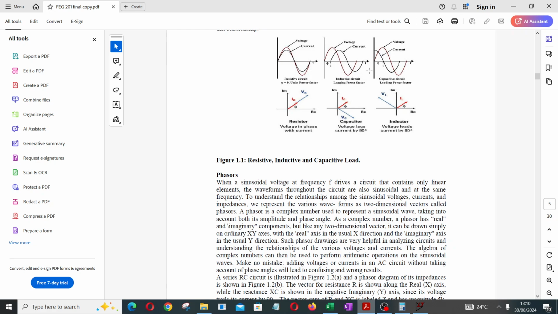But when the circuit becomes inductive, then the voltage will lead the current by angle theta, which is the phase angle. Then when we talk of the capacitive circuit, the current will lead the voltage by an angle theta, which is called the phase angle.